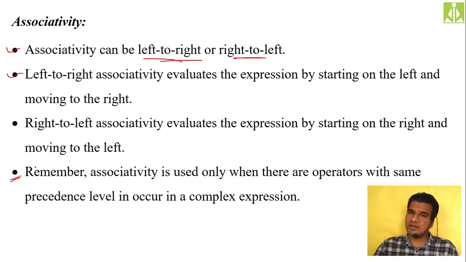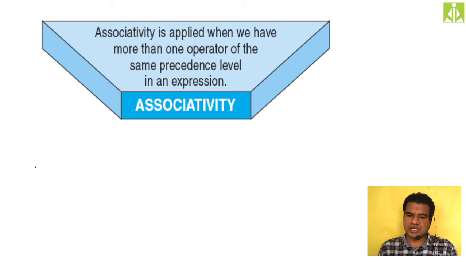If you don't have any operators with the same precedence level, don't apply associativity. If you have more than one operator with the same precedence level in a complex expression, then only go for associativity.